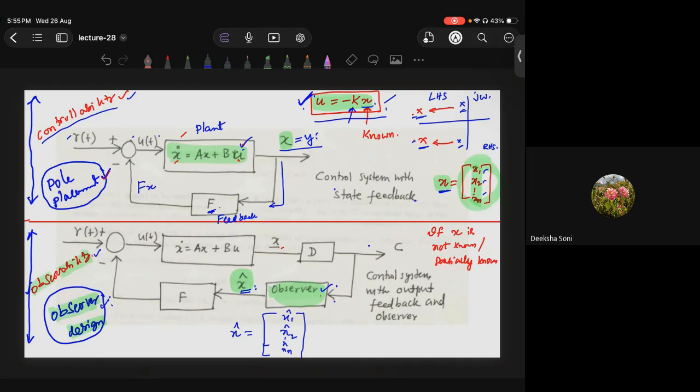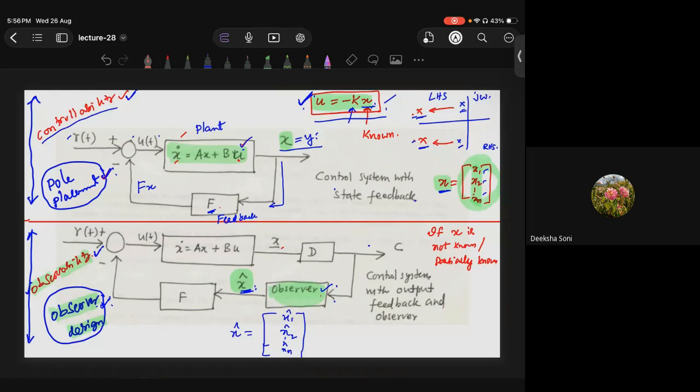If not available, we will go for observer design. Before observer design, we ask this question. Only if yes, we can design the observer. Then once we have this x cap, or if full x is available, we ask whether it is controllable. If it is controllable, then we go for the pole placement. Is this clear? Any doubt? You can ask me.